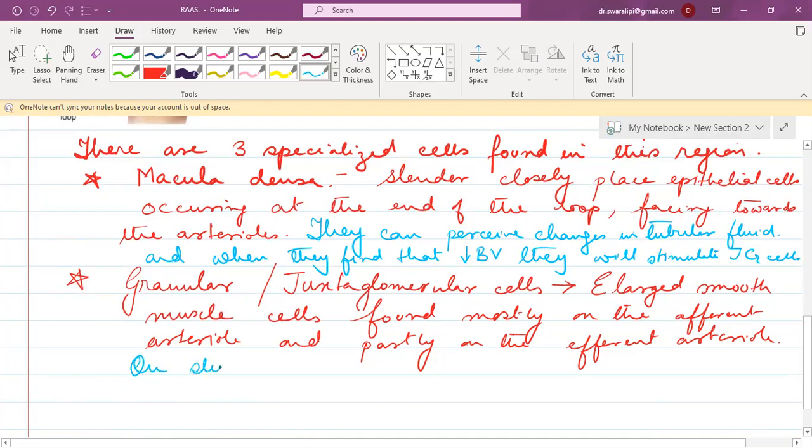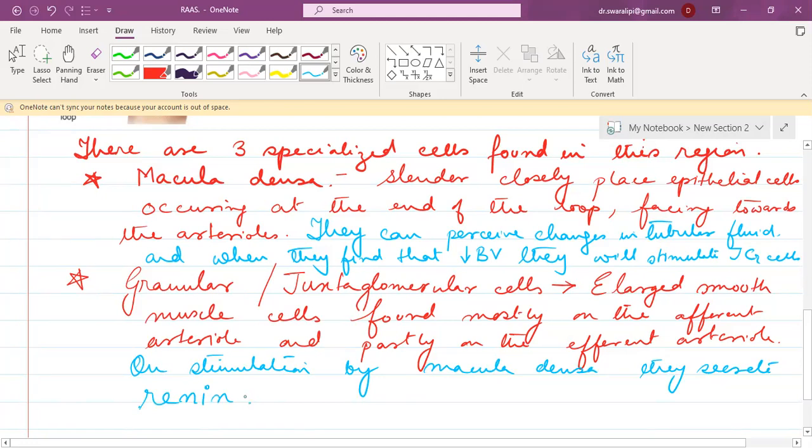And about the juxtaglomerular cells, what can we write? On stimulation by macula densa, they secrete renin. Okay, clear? Renin. So what is renin?